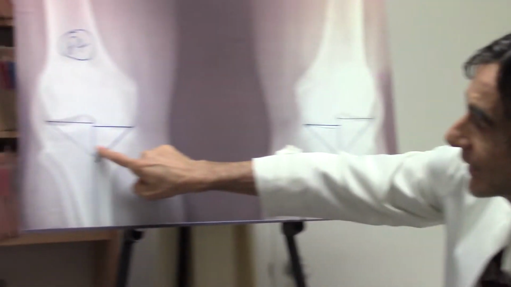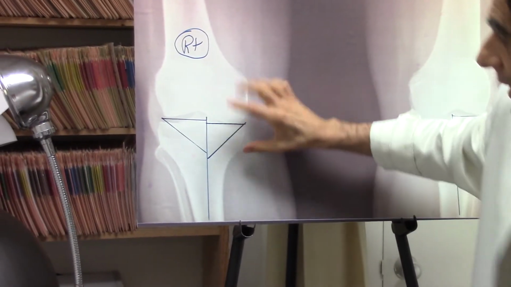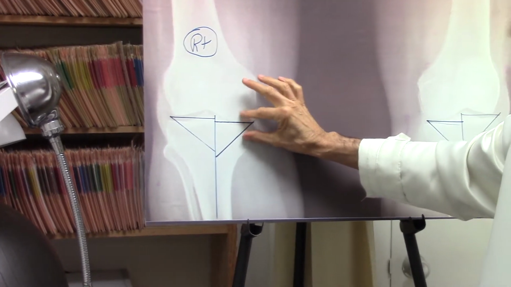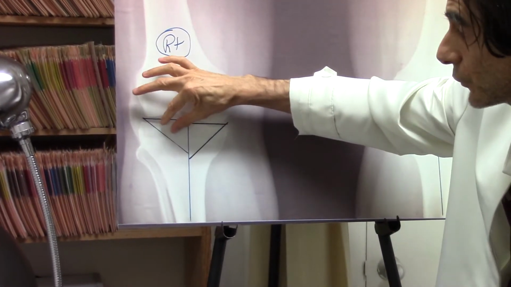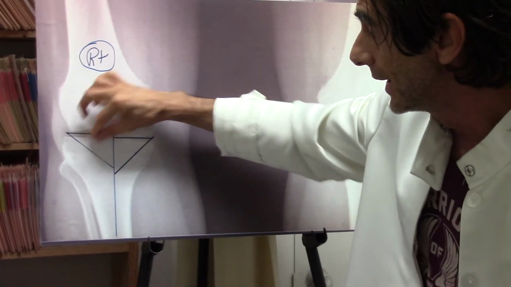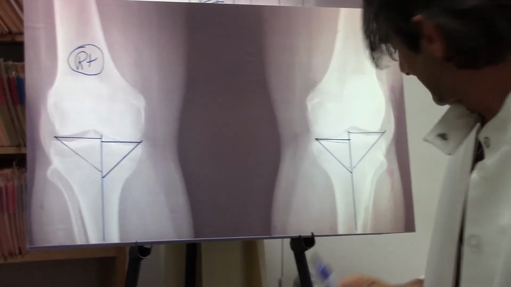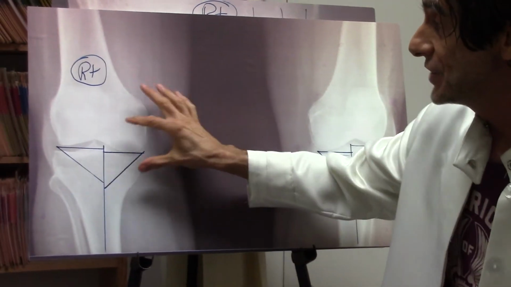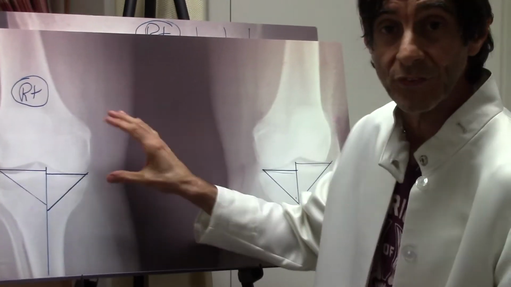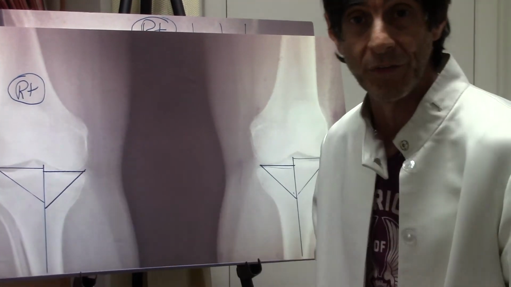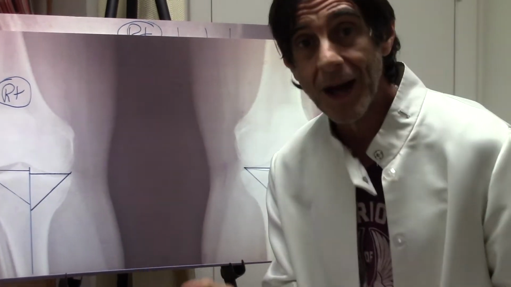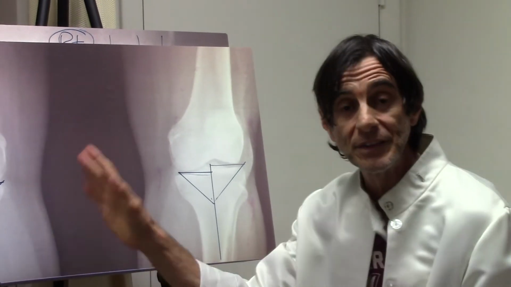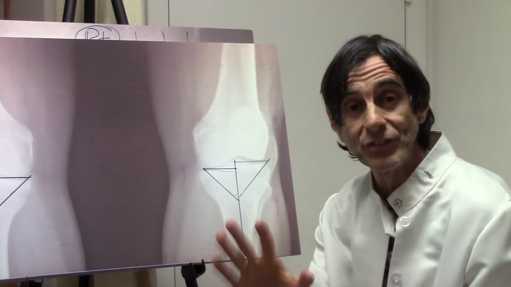In this particular case, this person is putting more weight on the inside part of this knee. These weight-bearing pyramids tell the examiner how much this individual is relying on one side of the knee versus the other. So if they are not of equal dimensions on both knees, this individual is functioning in an asymmetrical manner.